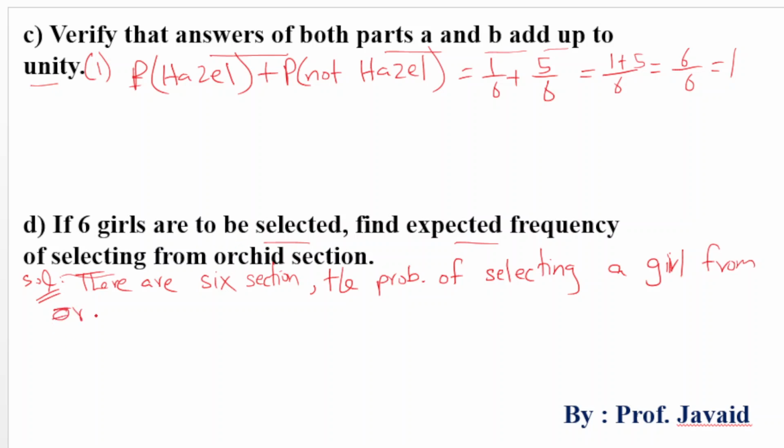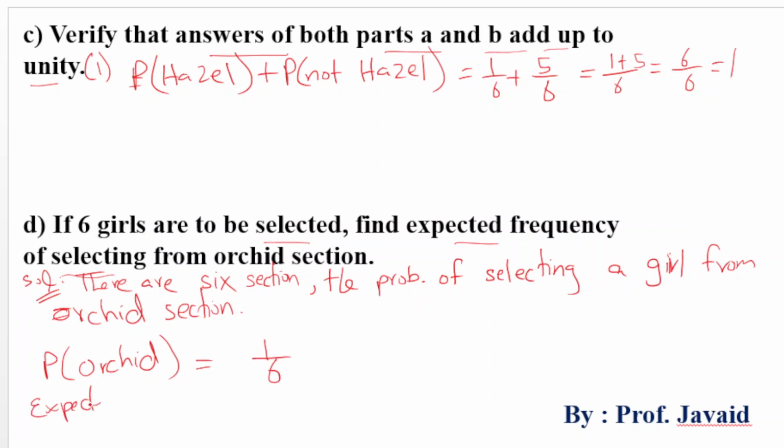Look, Orchid section. So then the probability of Orchid, if 6 girls are to be selected, is 1 over 6.